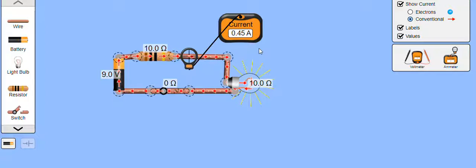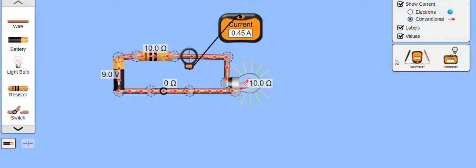Because we have introduced a 10 ohm resistance in series with this bulb, which also has 10 ohm resistance. Initially the resistance of the circuit is 10 ohm, and after adding this additional 10 ohm in series with the light bulb, we have a total resistance of 20 ohm. If the resistance becomes twice, then the current becomes half.